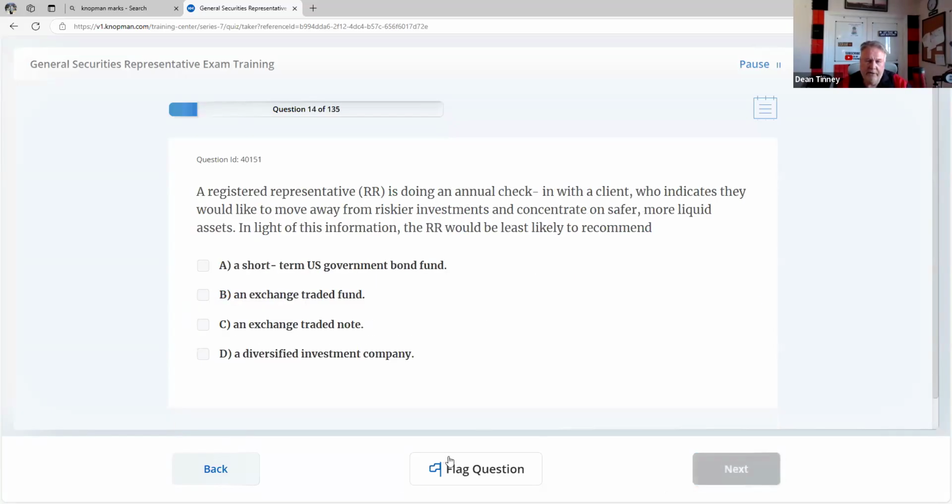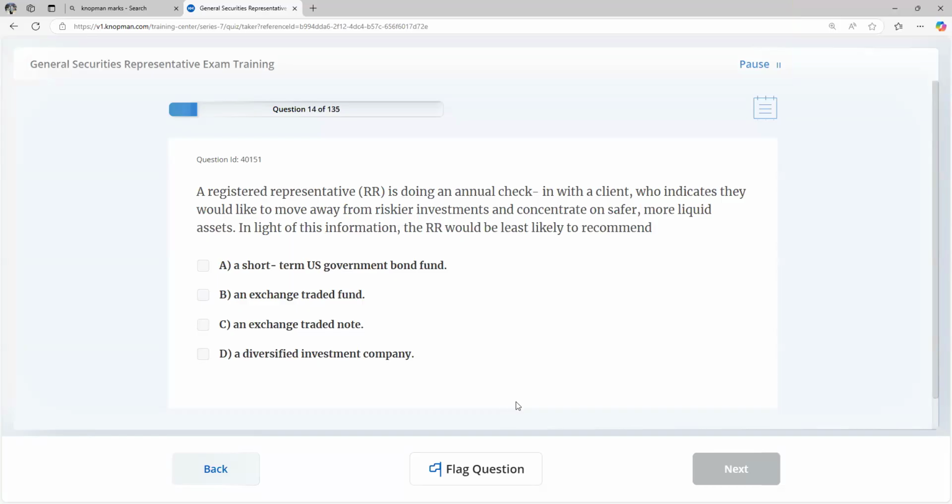A registered rep is doing an annual check-in with a client who indicates they'd like to move away from riskier investments and concentrate on safer markets. In light of this information, you're least likely to recommend. So they'd like to move away from riskier investments and move into safer, more liquid.